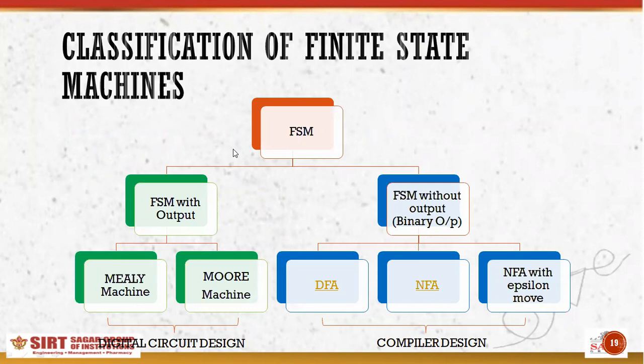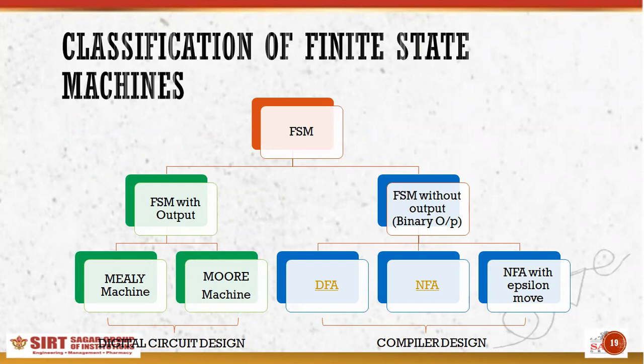This is the formal definition of finite state machine, and in front of you is the classification of finite state machine. That means the different categories in which we construct our finite state machine. A finite state machine is classified into 2 categories. First is finite state machine with output, and second is finite state machine without output.